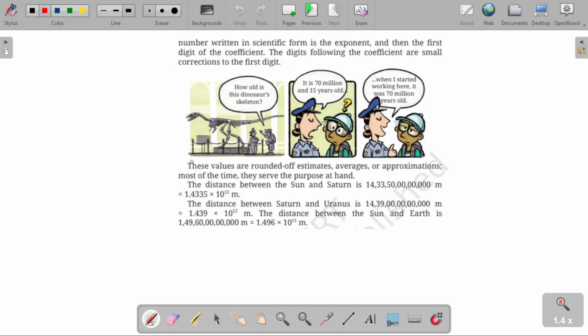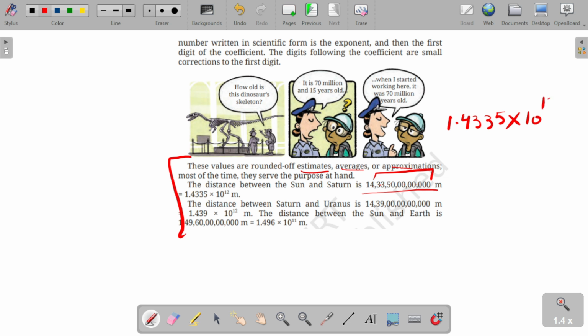And they are also saying these values are rounded off estimates, averages, and approximations. Most of the time they serve the purpose at hand. So if you have the distance between the Sun and Saturn in meters, in exponential form you can write it as 1.4335 into 10 raised to power, just count: 1, 2, 3, 4, 5, 6, 7, 8, 9, 10, 11, 12.